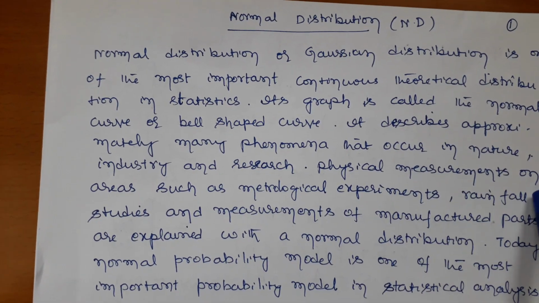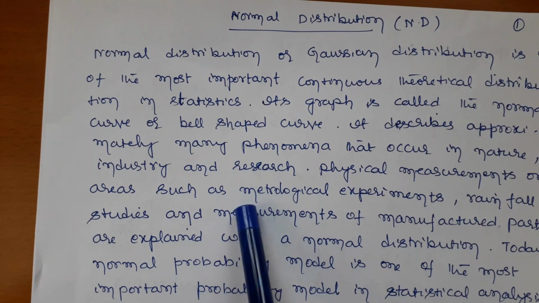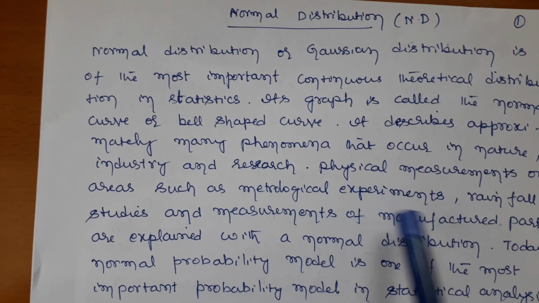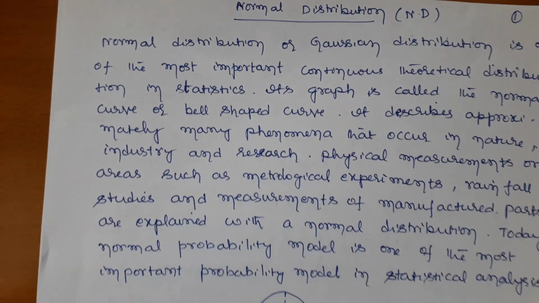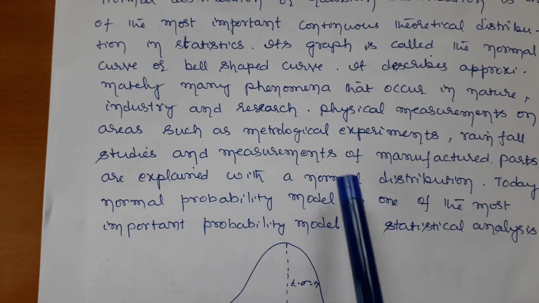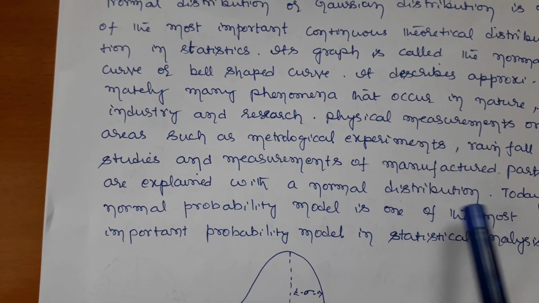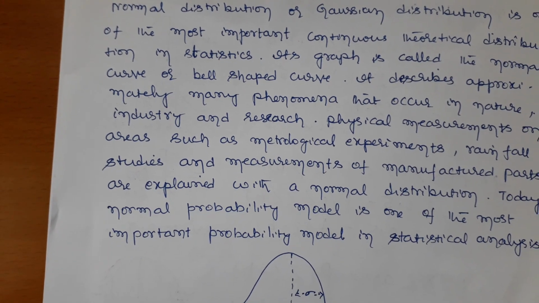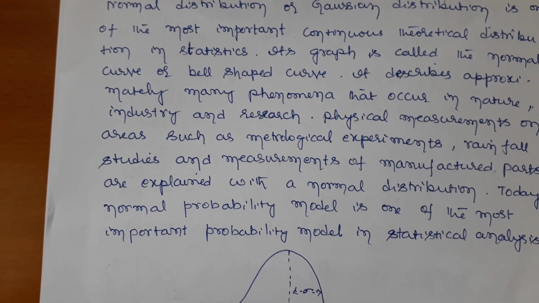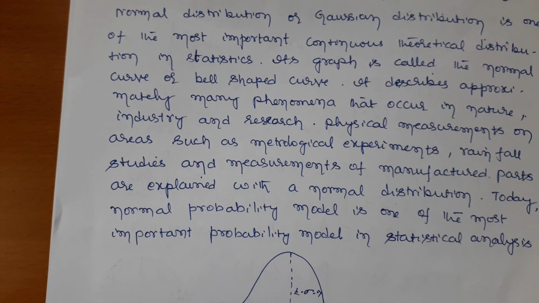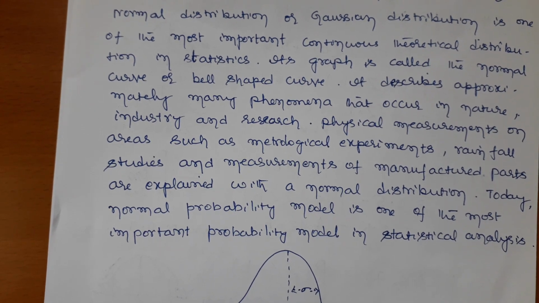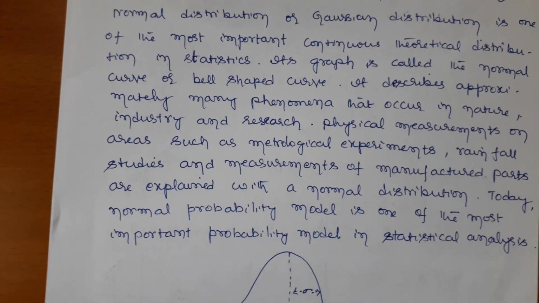Physical measurements in areas such as meteorological experiments, rainfall studies, and measurements of manufactured parts are explained with a normal distribution. Not only here, while doing a census every year, they give a figure based on the normal distribution.